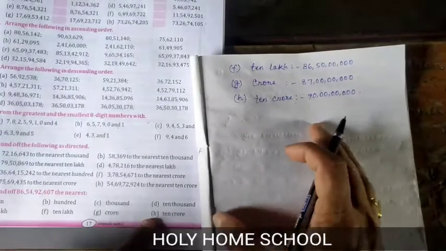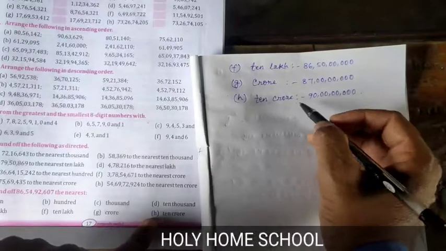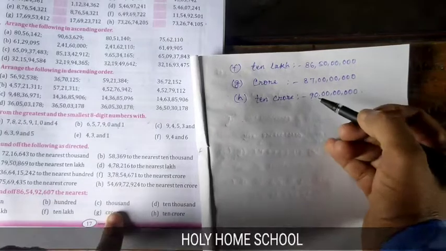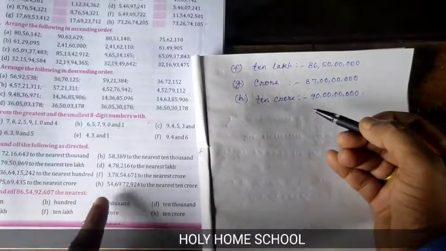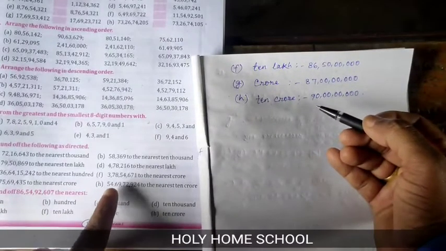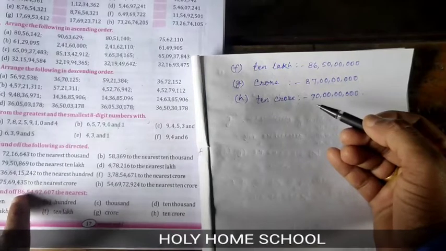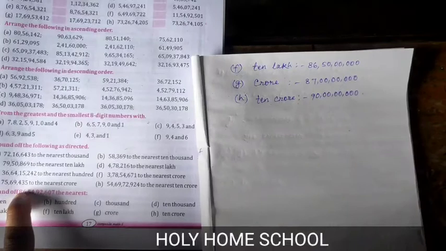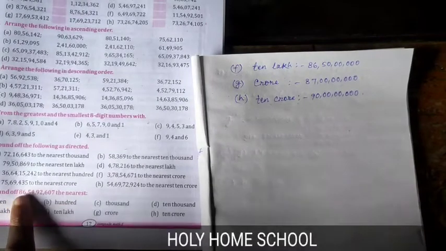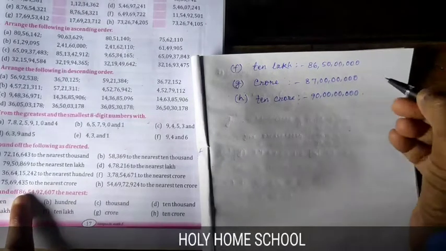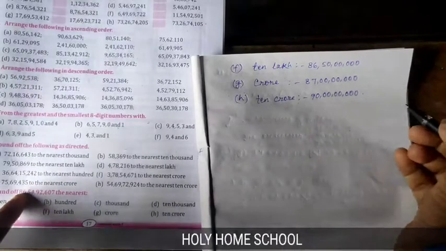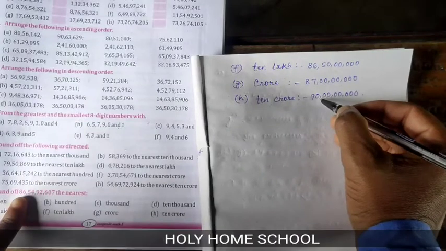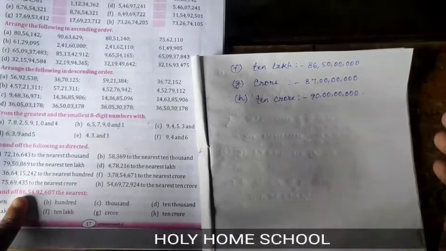H. Nearest 10 crore. For 10 crore we observe which digit comes at the place of crore. Definitely we can say that 6 comes. 6 is more than 5, so 8 is increased by 1 and that becomes 9, so it becomes 90 crore.